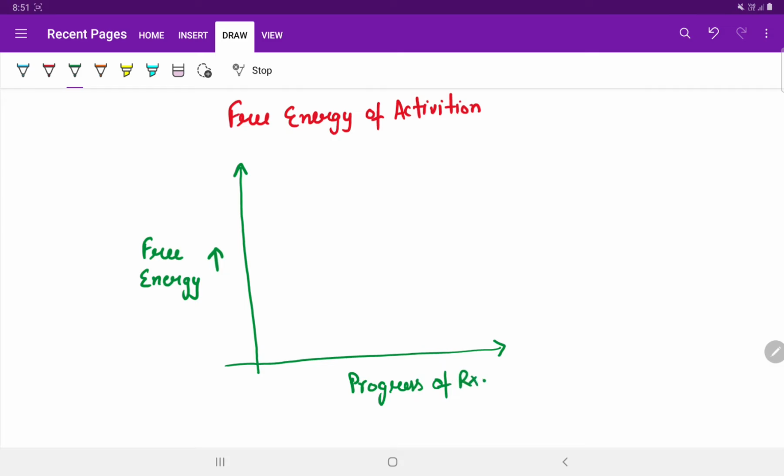Let us now consider that this is a point A, and this is generally related to the reactants, whereas this is a point B, or the energy associated with that of products.